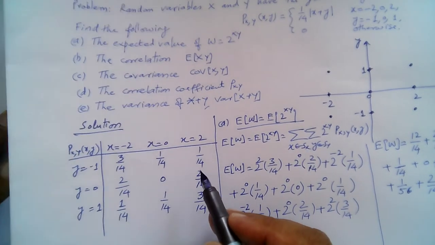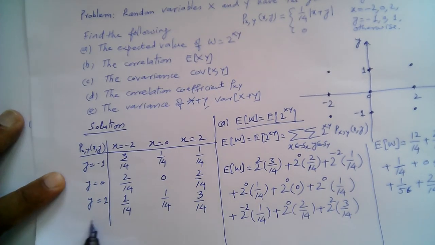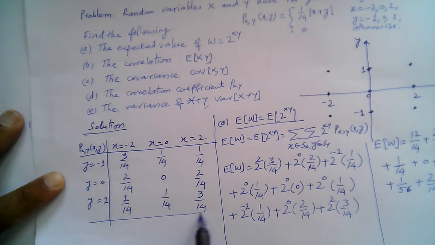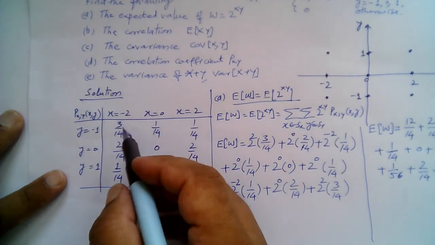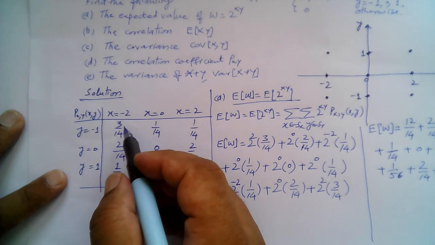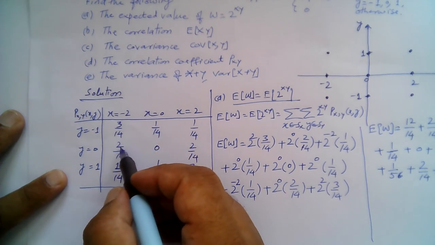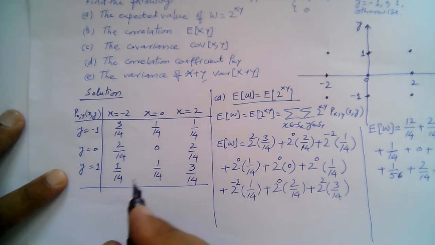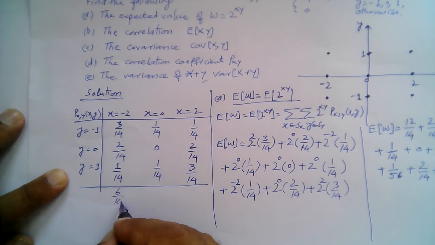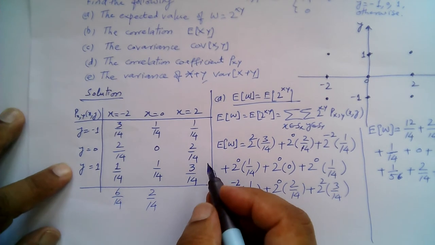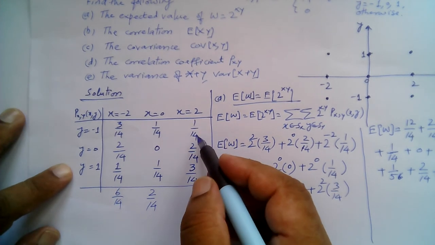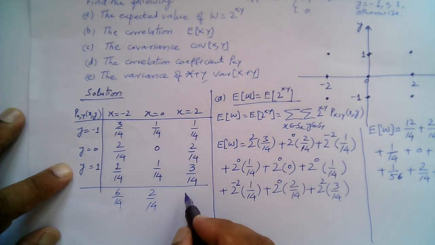So for example, for x we can calculate here, for example 3 into 2, 5 into 6, so 6 over 14 here, right? 2 over 14 here, and we have 2 and 1, 3 and 3, 6 over 14 here.